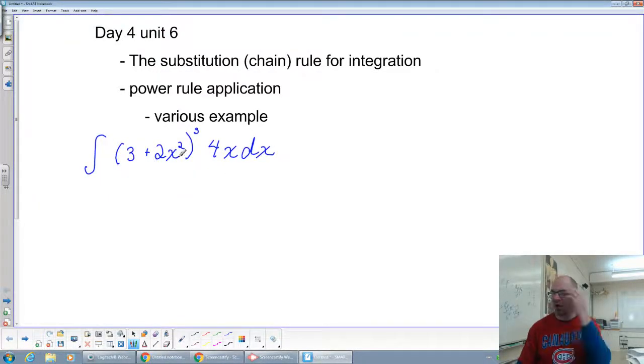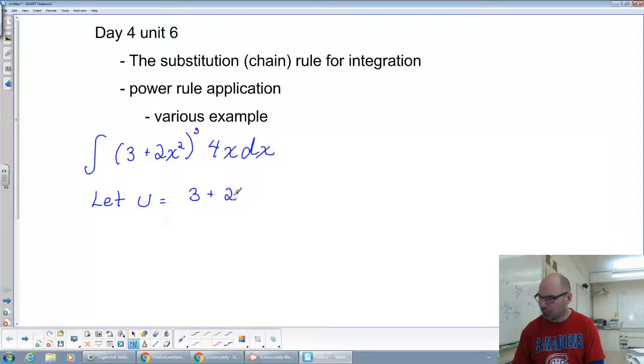Okay, so if we have a complex expression, we can use the substitution rule. So we say let u equal this material in the brackets, that is 3 + 2x². And the reason we can do that is because it works in a special case.